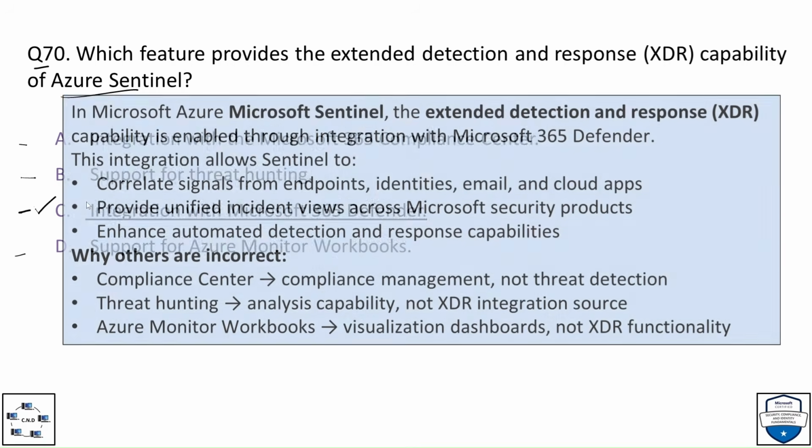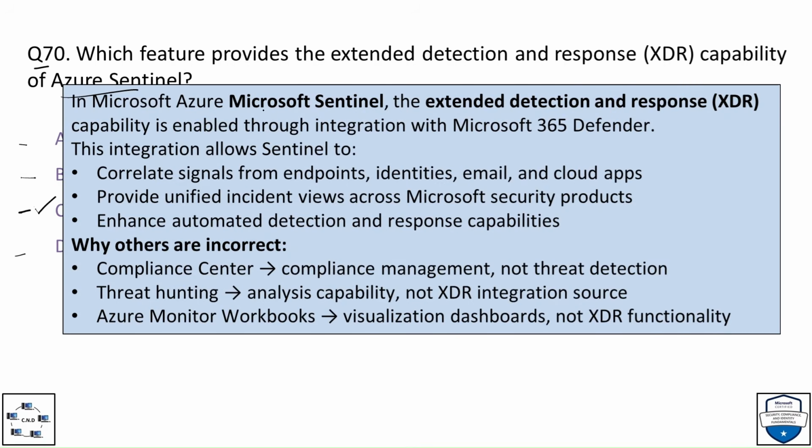The explanation is, in Microsoft Sentinel, the extended detection and response capability is enabled through integration with Microsoft 365 Defender. This integration allows Sentinel to correlate signals from endpoints, identities, email, and cloud applications, provide unified incident views across Microsoft security products, and enhance automated detection and response capabilities.